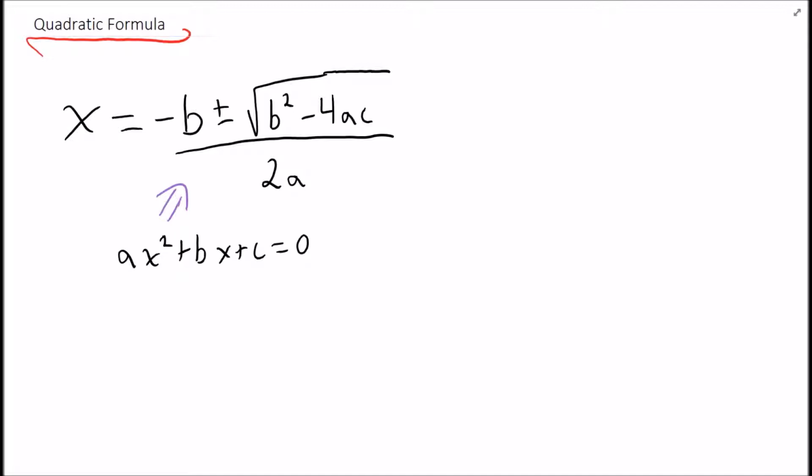For our first example, let's say we had x squared minus 5x plus 2 equals 0. And I want to factorize this. Normally I would look for what adds to negative 5 and multiplies to 2, but I can't think of anything. So let's try applying the quadratic formula and see how that works.